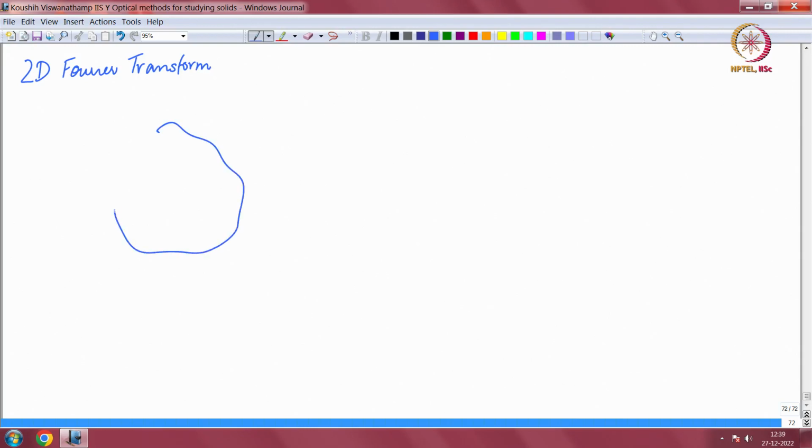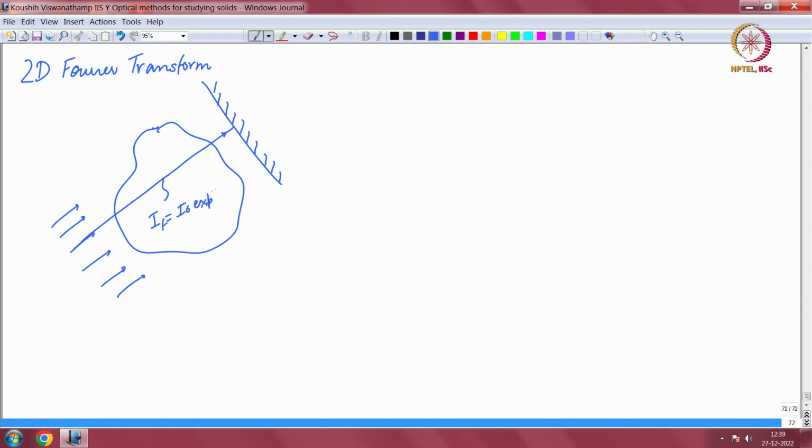Remember the situation we described was this: we had a light ray coming like this, or a bunch of light rays coming like this, and then you have a screen here, and then you have whatever intensity along one particular line is given by I f equal to I naught exponential of minus integral mu ds going from S naught to S f or whatever.